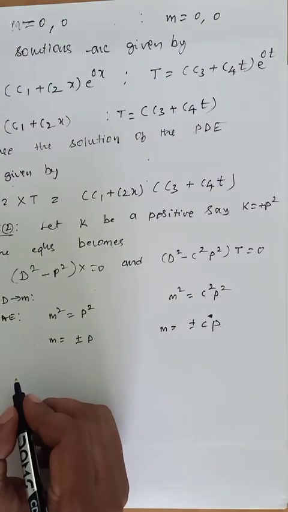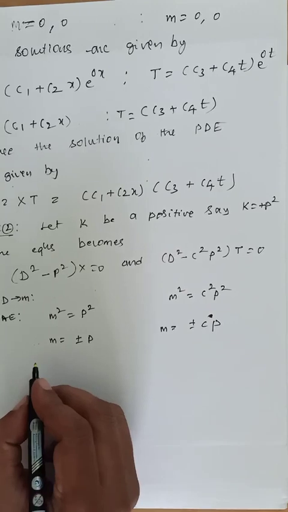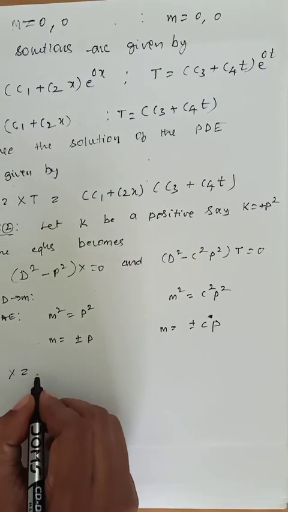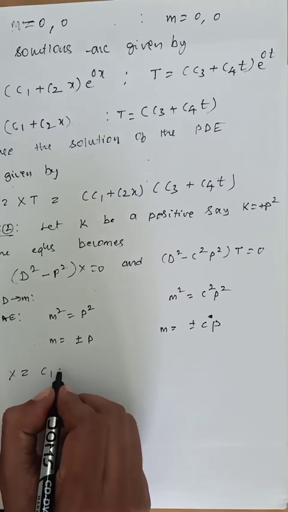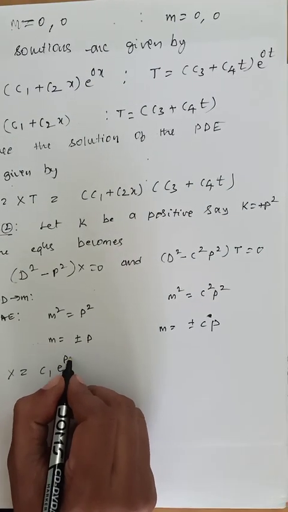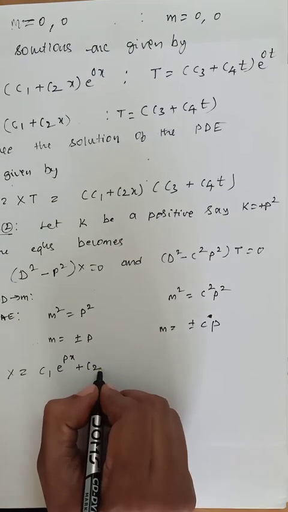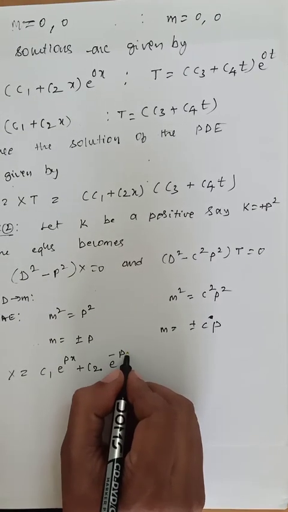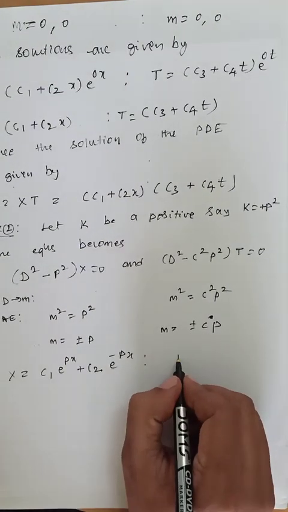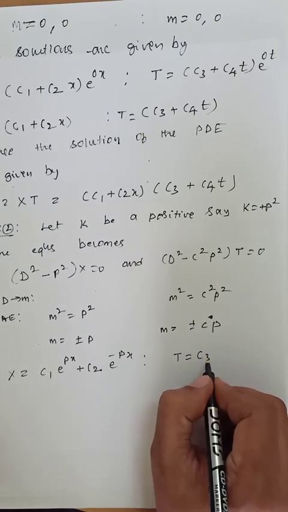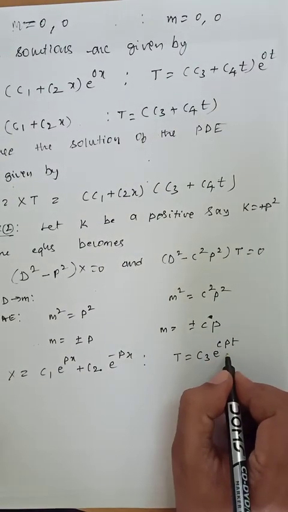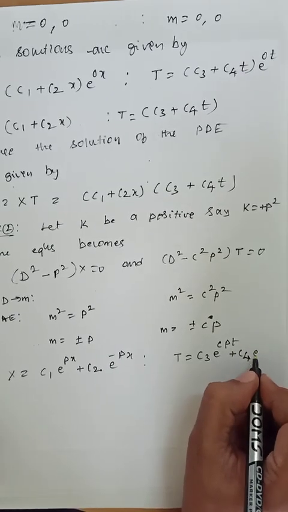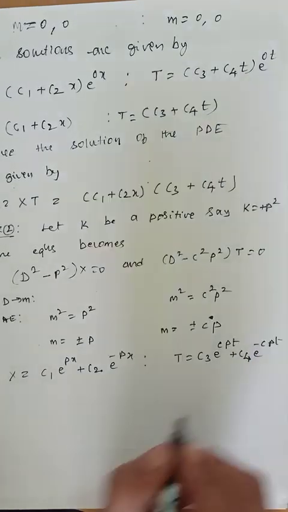So you write x is equal to c1 e power plus px plus c2 e power minus px. Here also t is equal to c3 e power cpt plus c4 e power minus cpt.